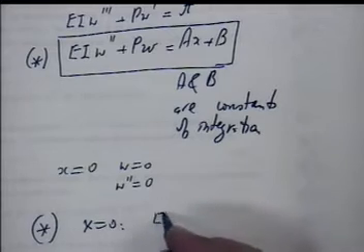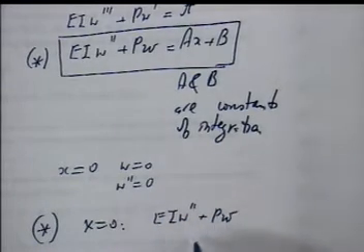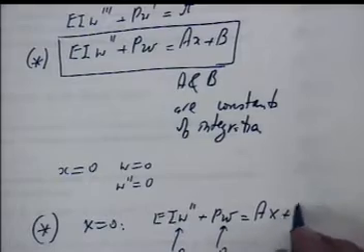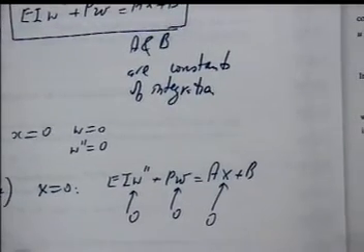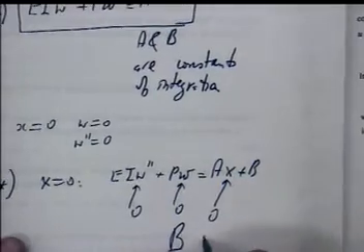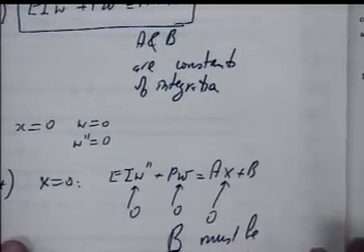EI w second derivative plus P W: this is 0, and this is 0. So we have Ax plus B, and this x is 0. So what is left then? B must be 0.